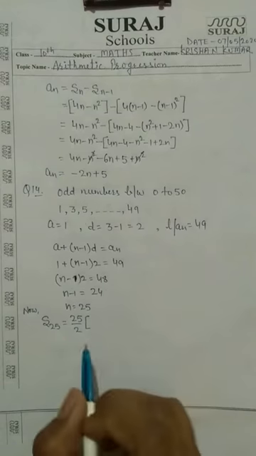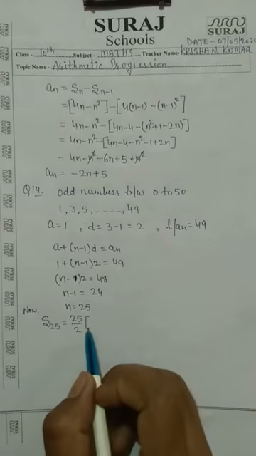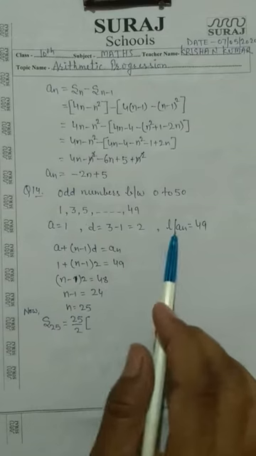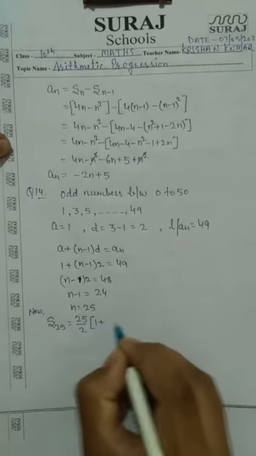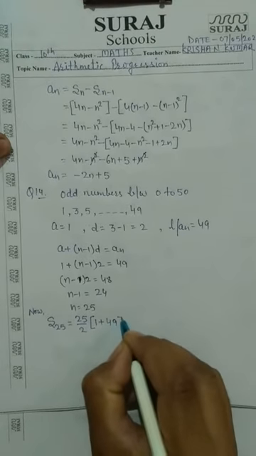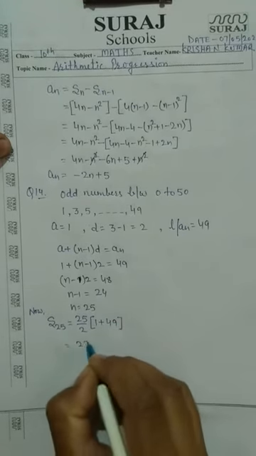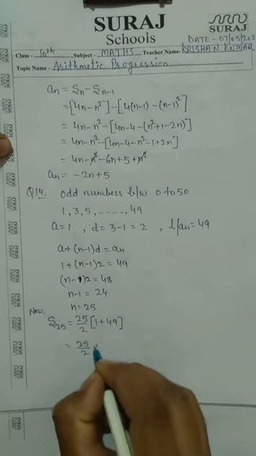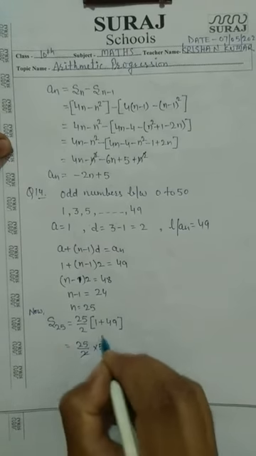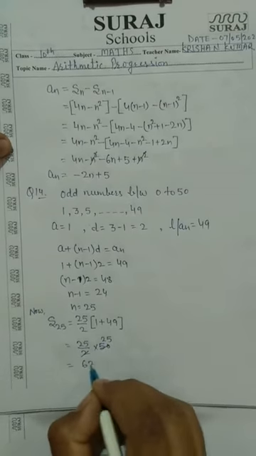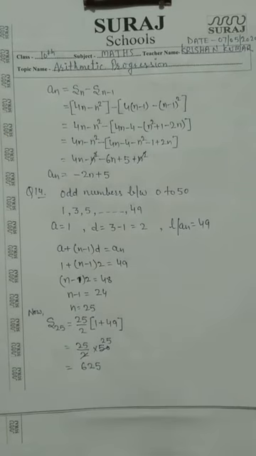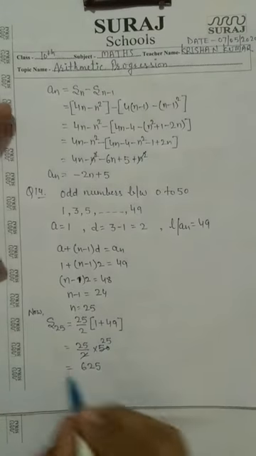So beta, here we apply n upon 2 into a plus l, because a is given, l is given, so that is simple. a is 1 plus l is 49. 25 upon 2 into 50, 2 25s are 25, 625. That is the sum of odd numbers between 0 and 50.